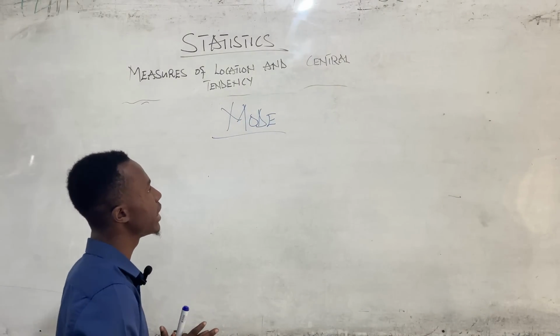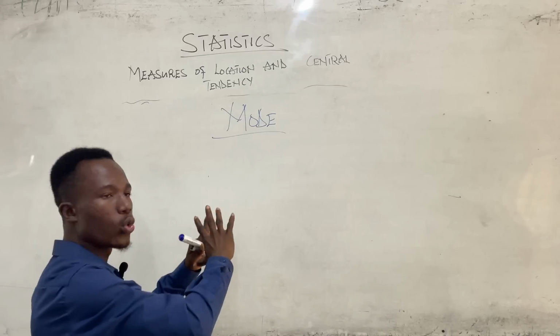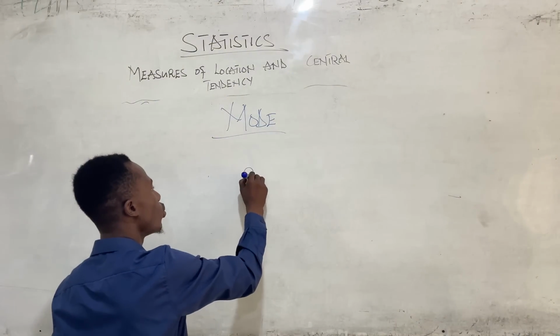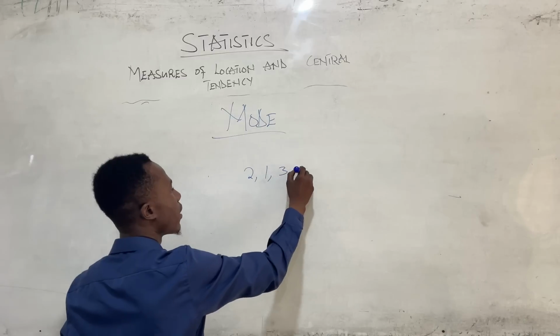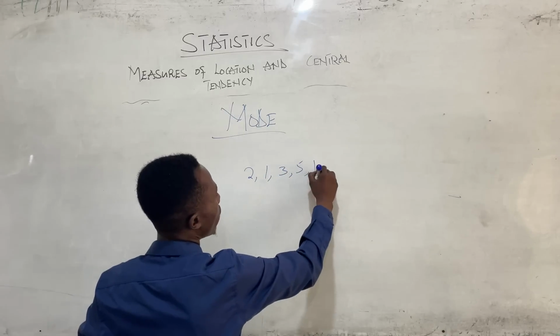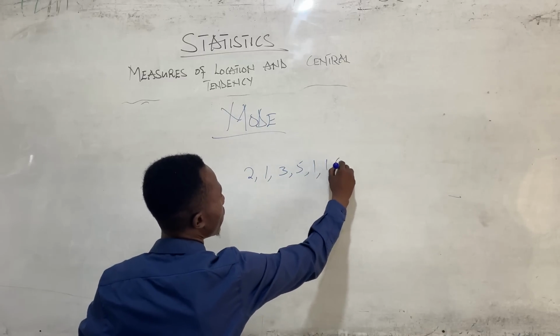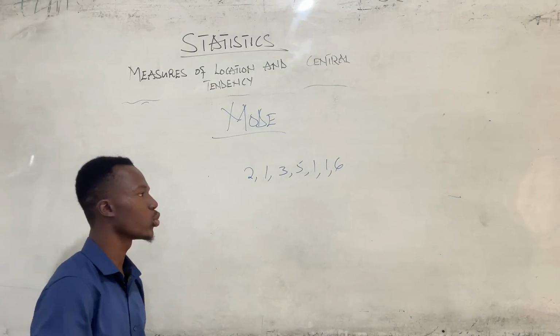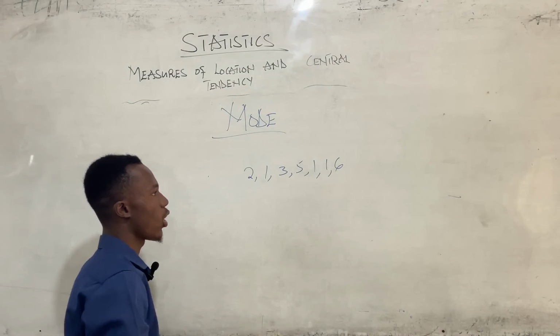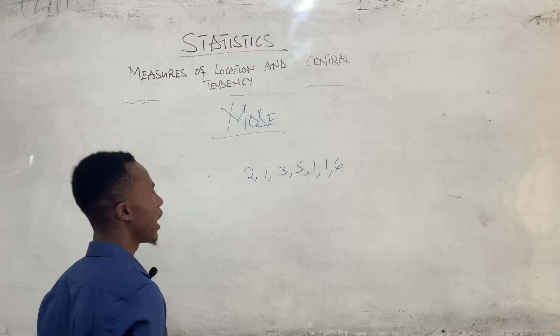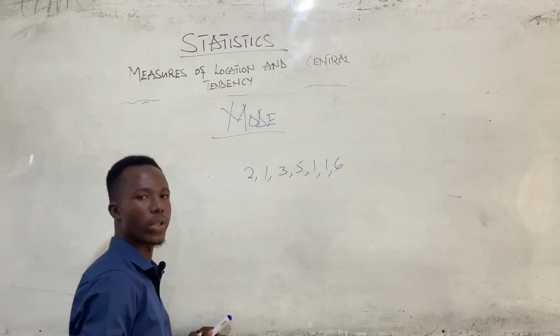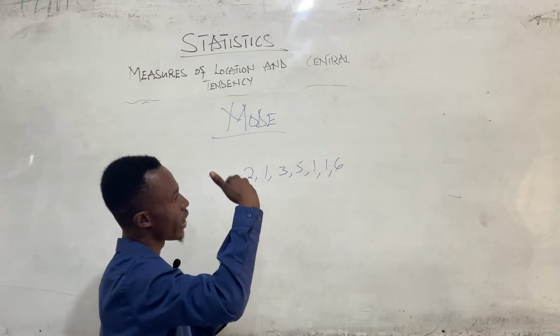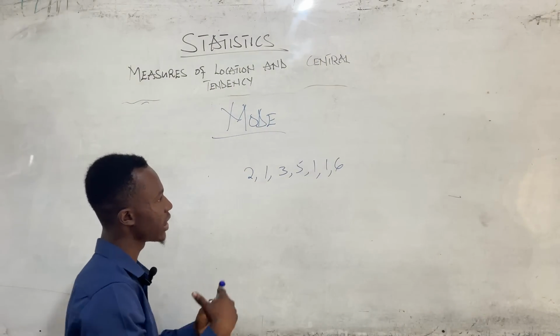In any given data, and don't forget we are talking about raw data, if you have 2, 1, 3, 5, 1, 1, 6, and you are asked to look for the modal number, you are to look for the number with the highest number of occurrences, or the highest frequency.